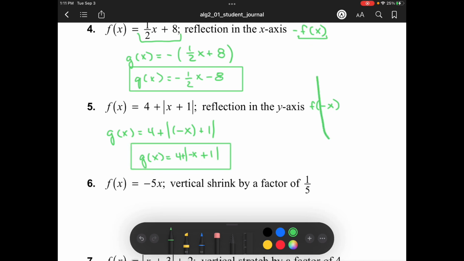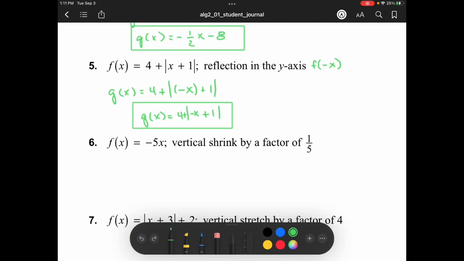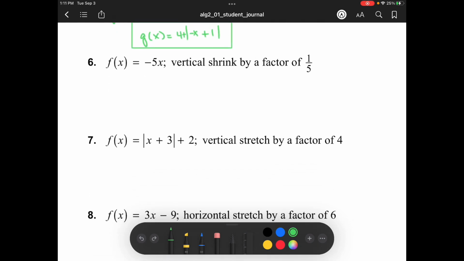Awesome. Let's talk about vertical shrinks. Vertical stretches and shrinks will be very similar, in that they both have the same rule. It just depends on whether we're using a fraction or an integer. A lot of times fractions we'll sometimes see written like this, and that just means a number between 1 and 0.